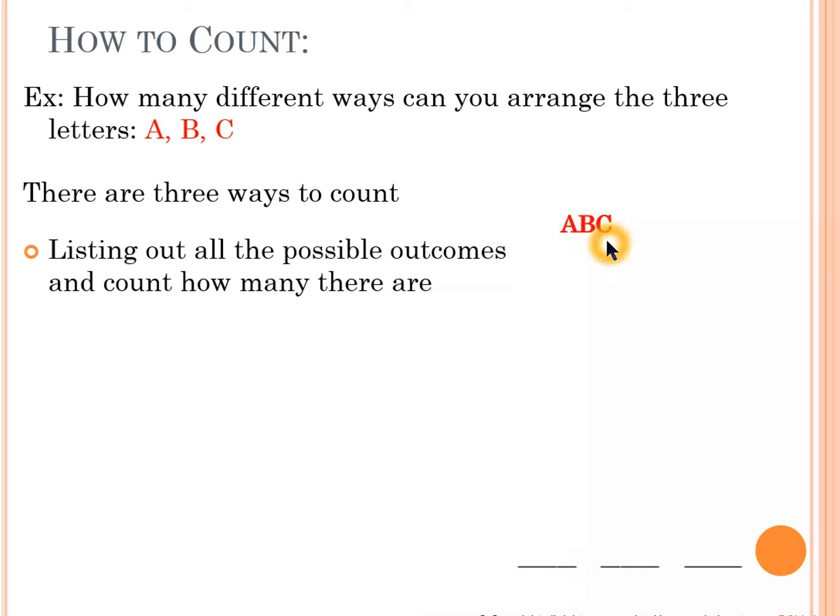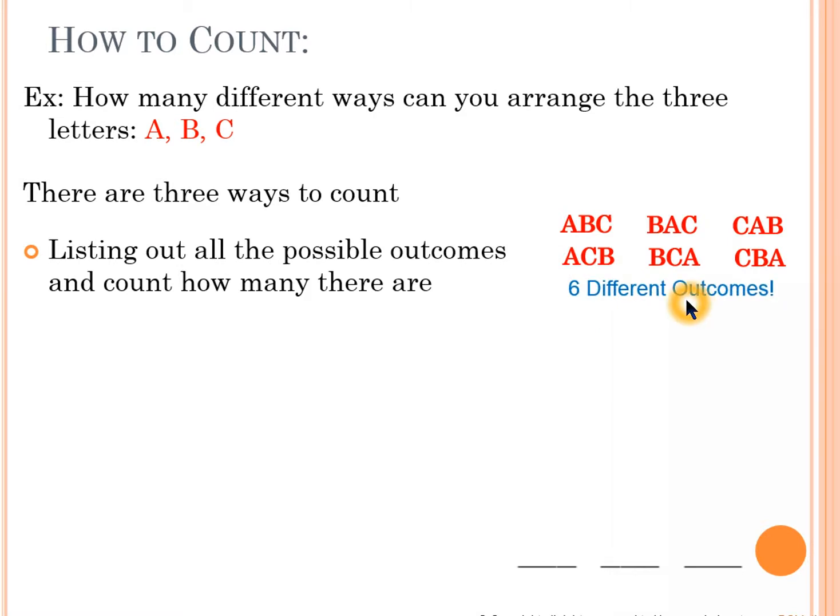So there's ABC, there's ACB, there's BAC, BCA, CAB, and CBA. Now when you count the different outcomes, we have a total of 6 different outcomes. So that's the first way to count. You can list out all the possible outcomes and count how many there are.